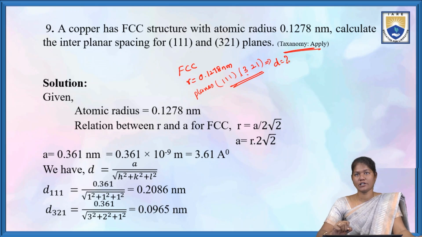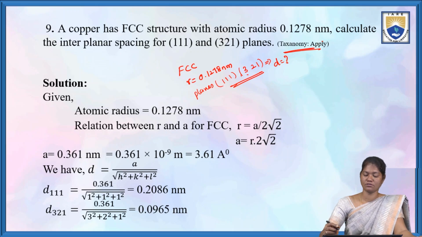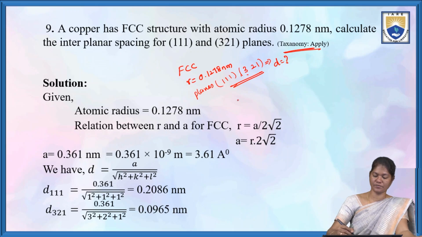To calculate interplanar spacing d, we want to know the a value. So what is the relation between r and a in the FCC structure? The relation between r and a in FCC is r is equal to a by 2 root 2.